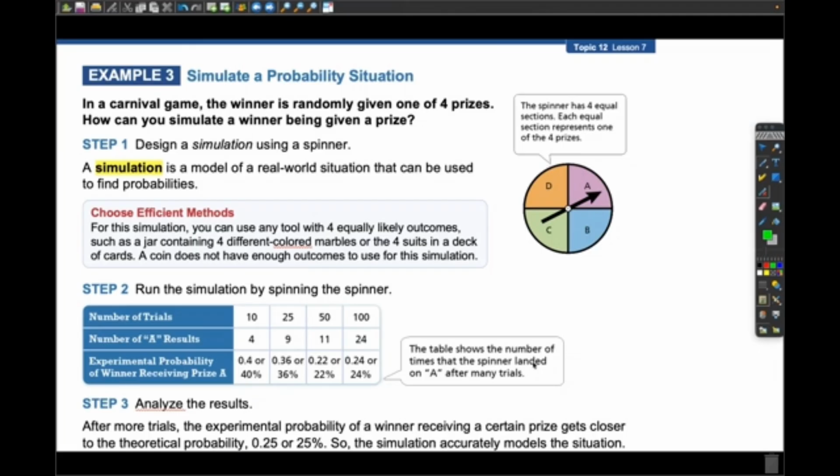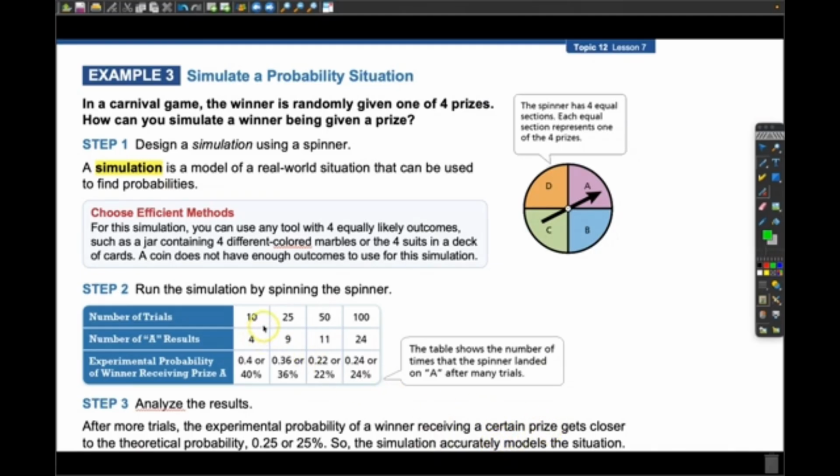Not necessarily. It could not land on A at all. It could land on A 3 out of 4 times. It's just the more you do a simulation like this, the more likely the actual experimental probability is going to get closer to the theoretical probability. And that makes the simulation accurate.